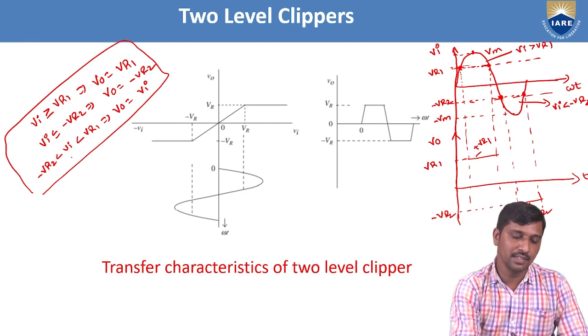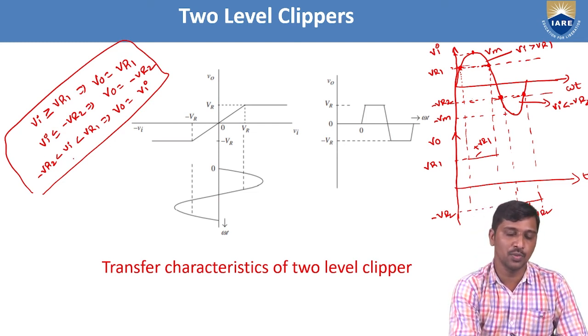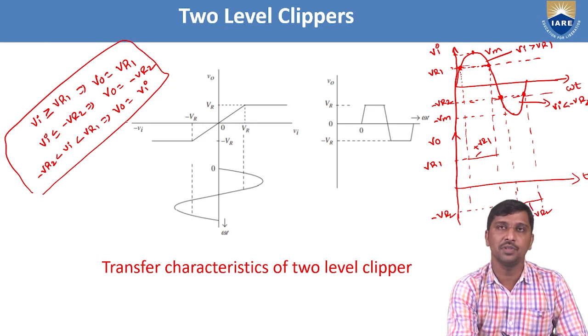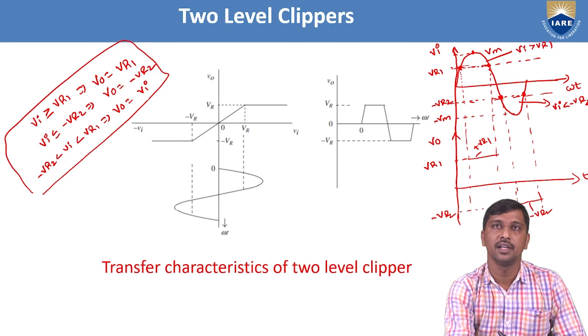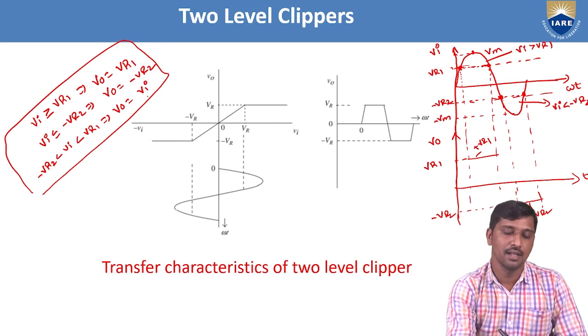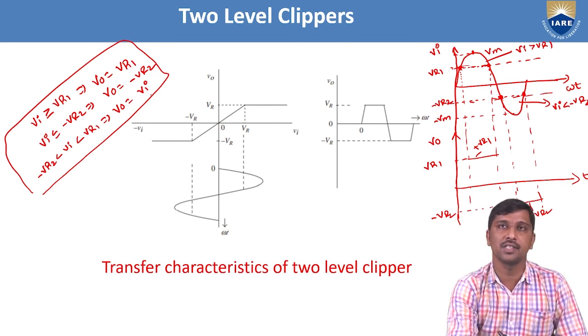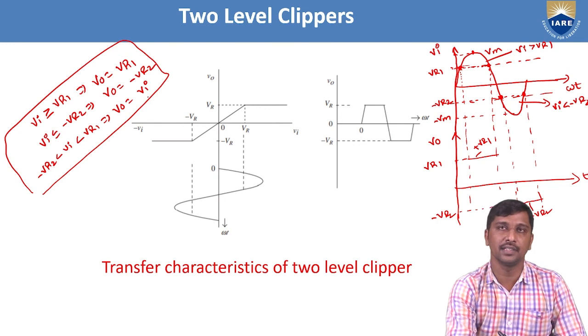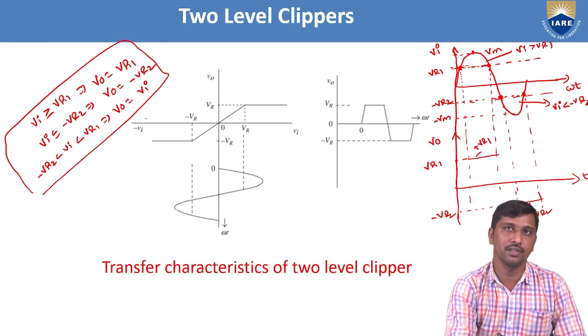If the input voltage lies between VR2 and VR1, we observe that the output voltage is approximately equal to your input signal. And here the input signal is not a constant DC voltage, it is a linear voltage. Hence, we need to draw the linear signal.